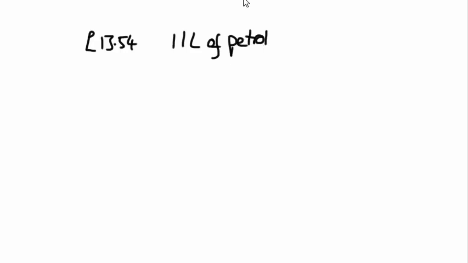Have a wee look at question 3. What we've got is Tara, who is spending £13.54 on 11 litres of petrol and 3 litres of oil. Pretty cheap that, right? They're essentially wanting you to work out how you would write this as an equation.